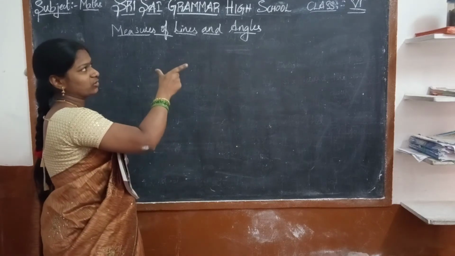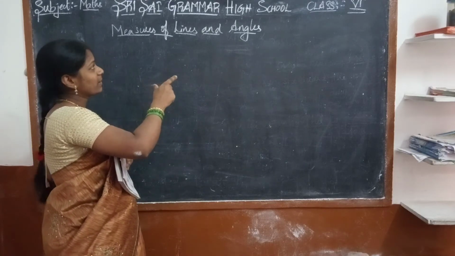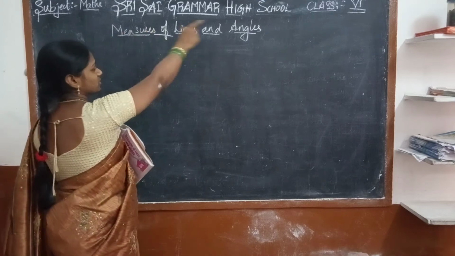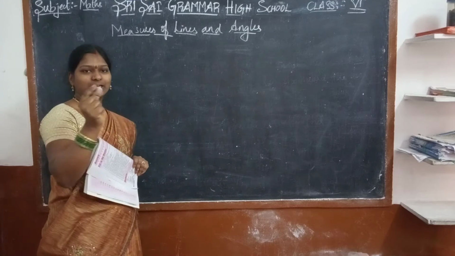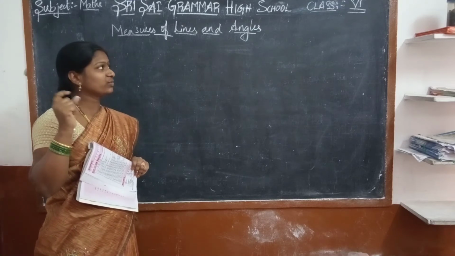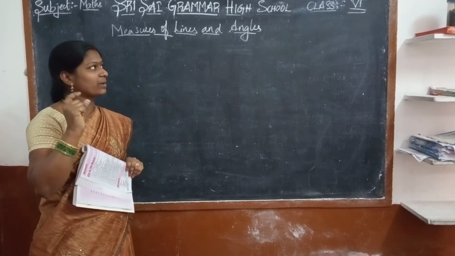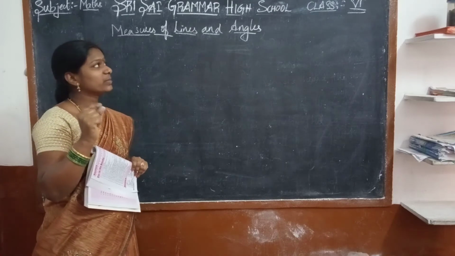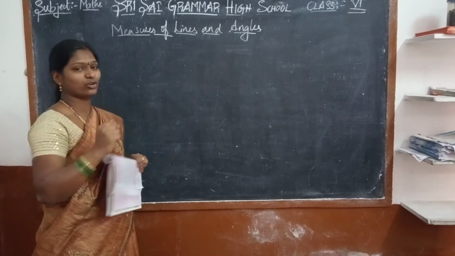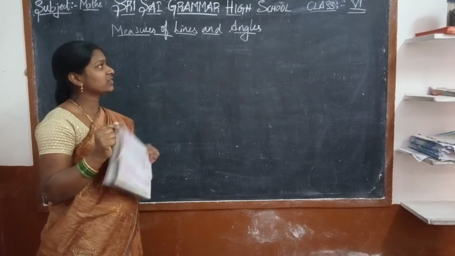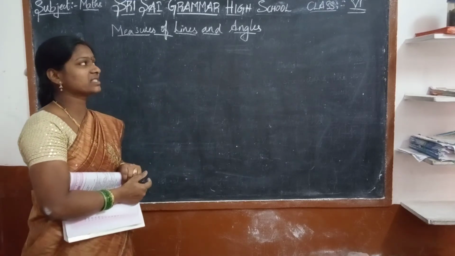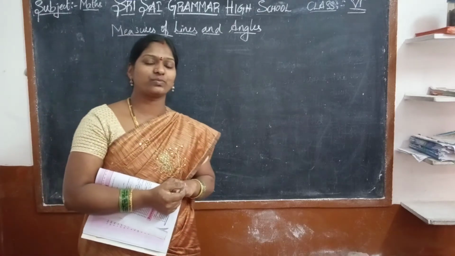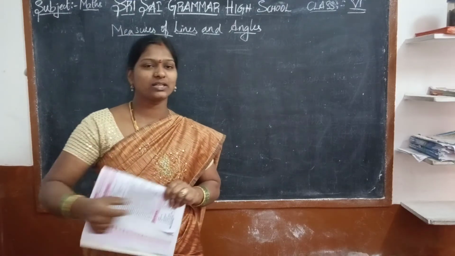To know the value of this measurement, we need a certain tool to compare, to know the value of that. So, a tool or a device, we need to compare or measure them.